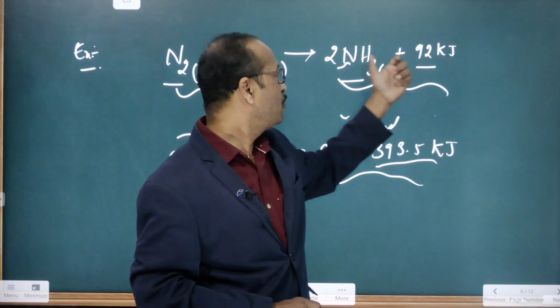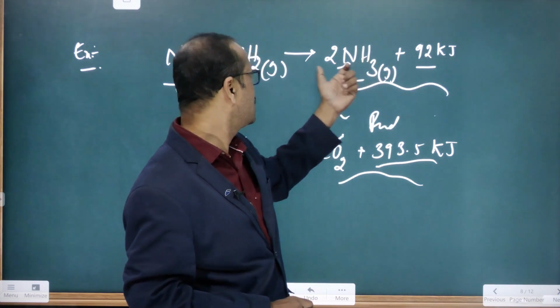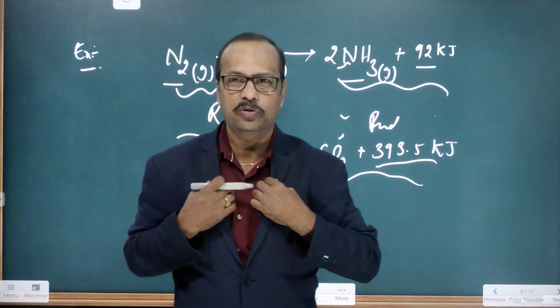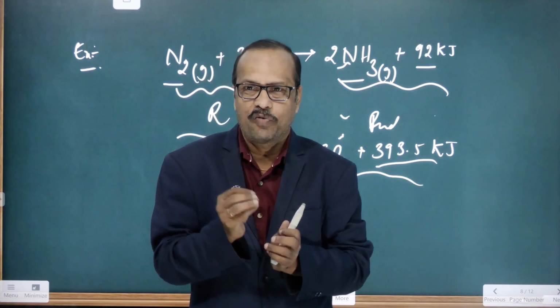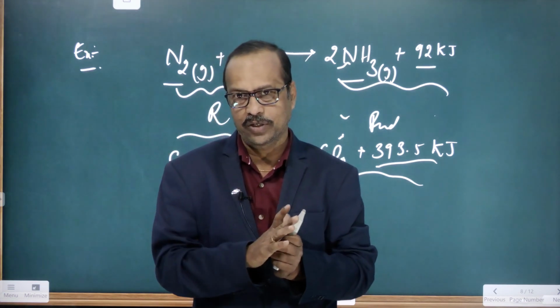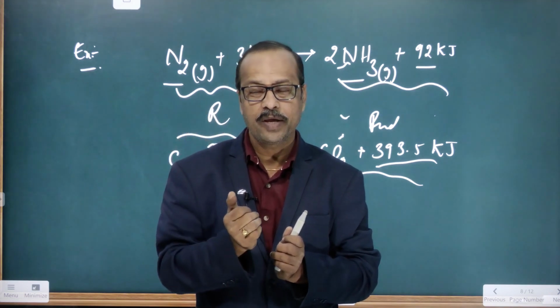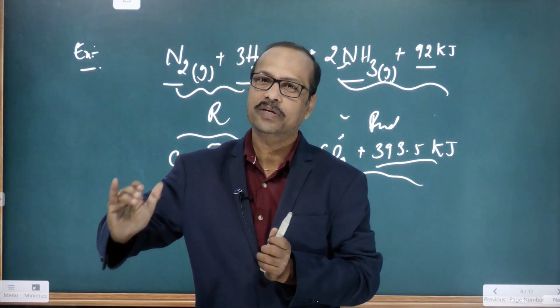Now we are left with only 3 balls. So this 3 is less than the original. In that way you think. So when the reactants combine to form a product in an exothermic reaction, some of the heat gets released. So the heat content of the product is less than the heat content of the reactants.